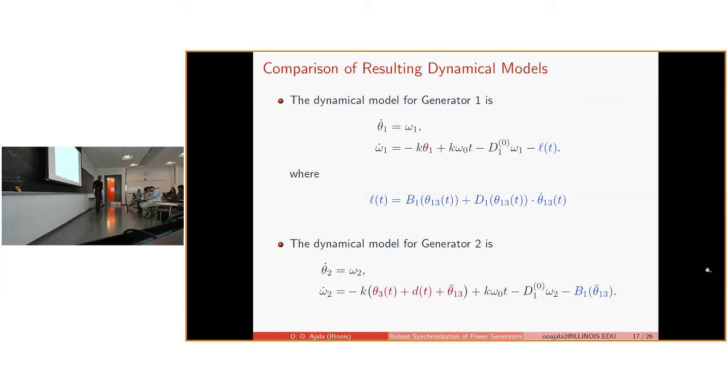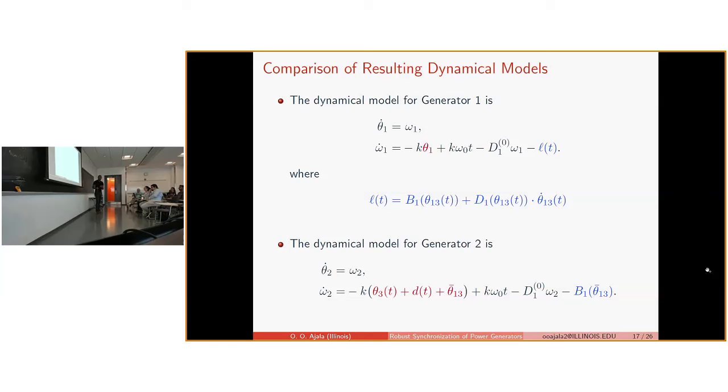Now, if you assume D is 0, and you assume that theta 3 is the steady state value, what you would get here is theta 1 steady state value. So this is theta 1 minus theta 3 plus theta 3, you get theta 1. So what this control input is doing is it is having this system try to mimic this.